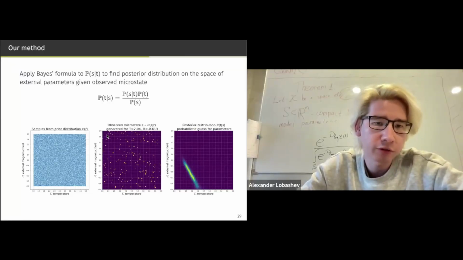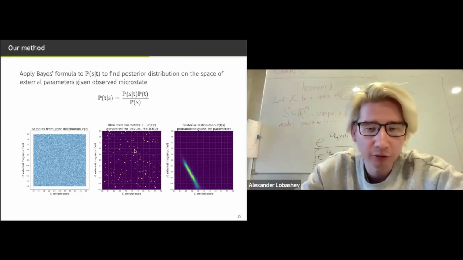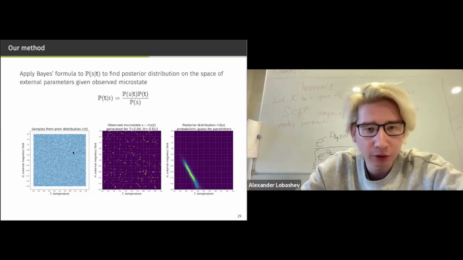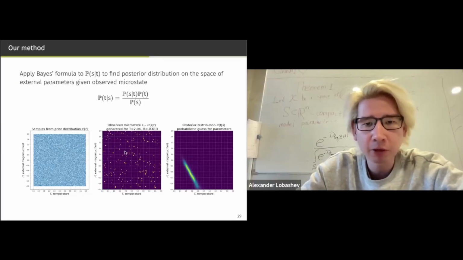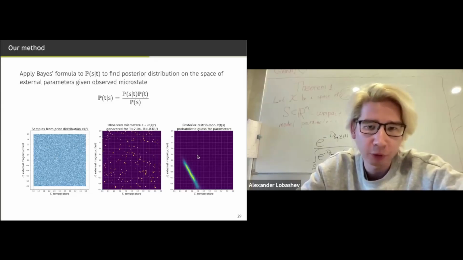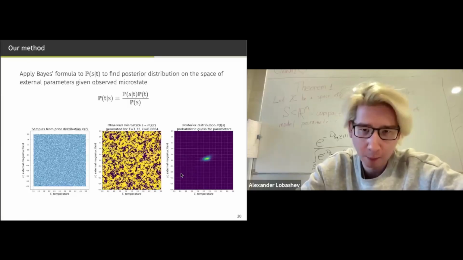Then we could just train a model which takes this image as input and outputs a distribution on the space of parameters, and by maximizing likelihood, we could find the parameters of this function. After training on a data set of randomly sampled parameters and corresponding microstates, we could find this posterior distribution.